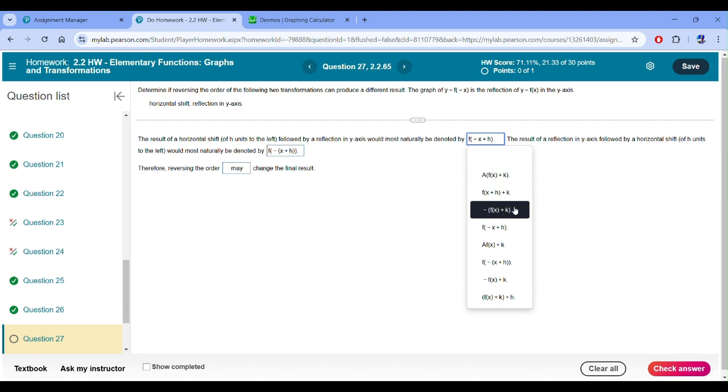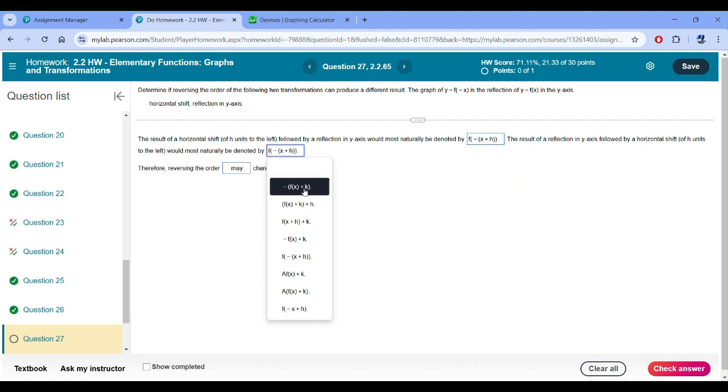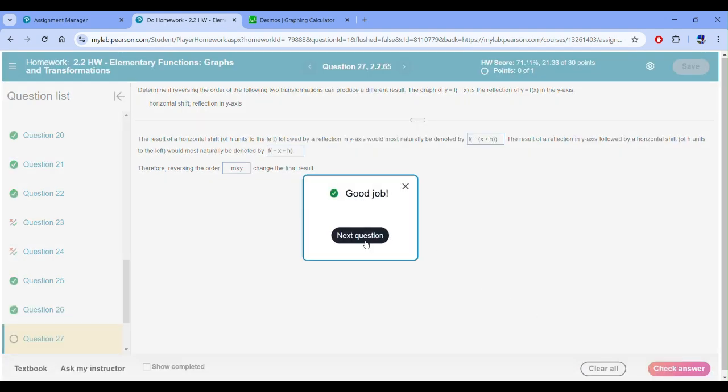This one should be f of negative x, and this one should be that one. Negative x plus h, or it could be negative x plus h in parentheses. There we go. Had to switch them.